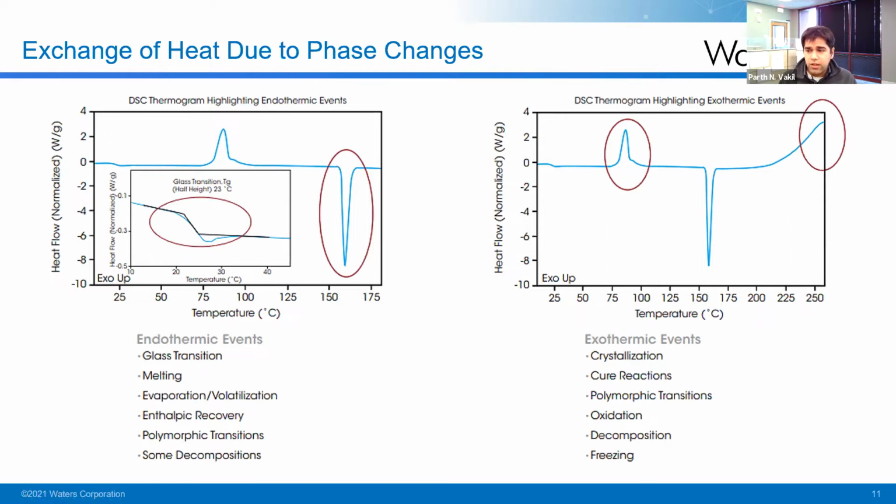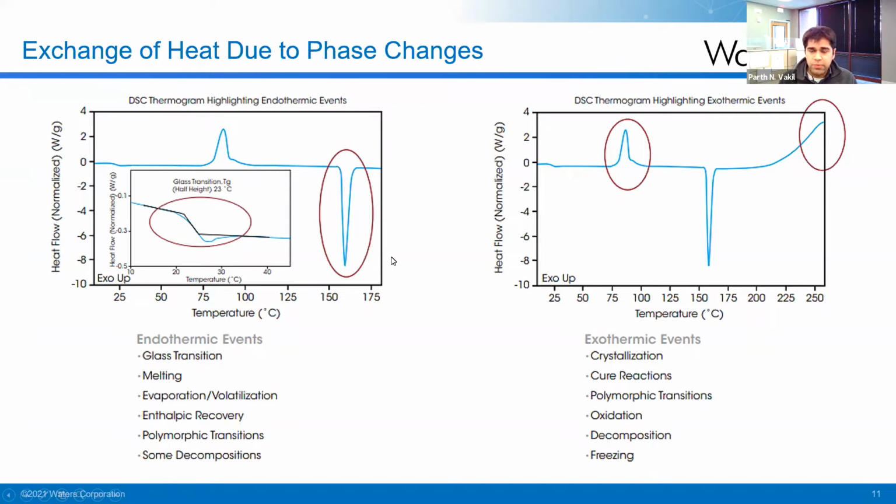And this could occur for a number of reasons as listed over here. On the other hand, if you have a peak facing downwards on this graph, that would be corresponding to an endothermic event, such as a melt or certain types of transitions, or when a liquid or solvent vaporizes and takes heat as the sample is being heated through.